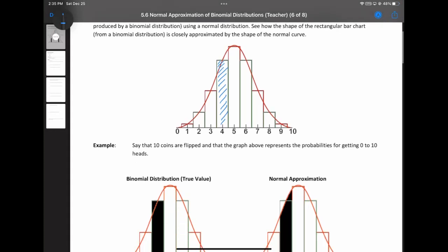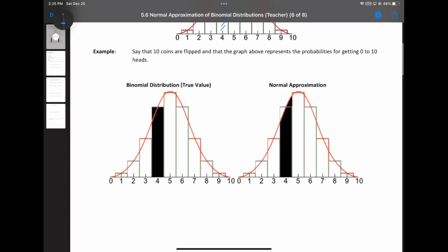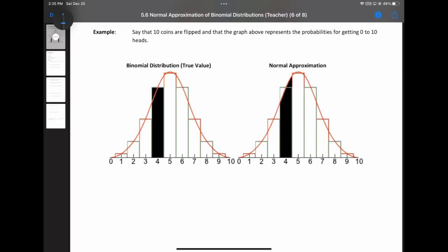So if we look at this as a picture, leave the math out of it for a second, just try and think of it as a picture. The left graph is actually the value that we get from a binomial distribution. That's the probability that the number of heads in this case equals 4.